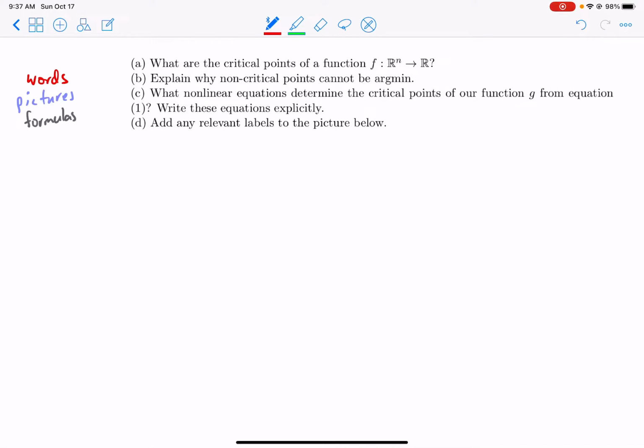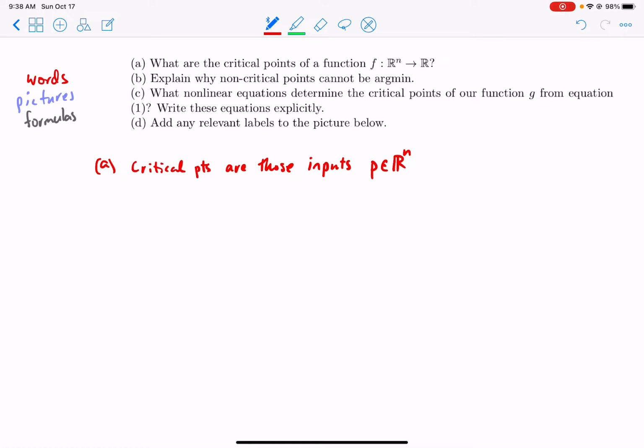Okay, hello everybody. So, part A, what are the critical points of a function? Critical points are those inputs. So critical points are inputs, first of all. That's where they live. They're not outputs.